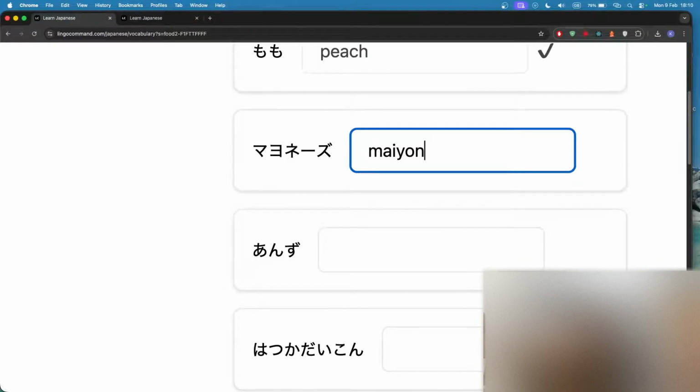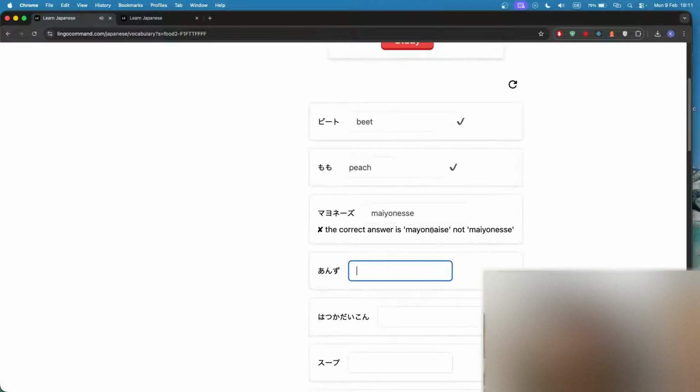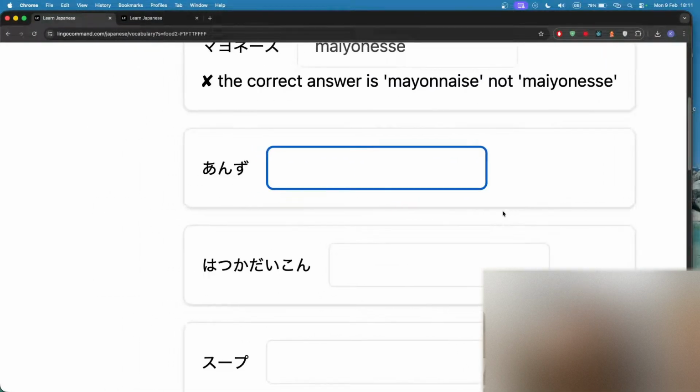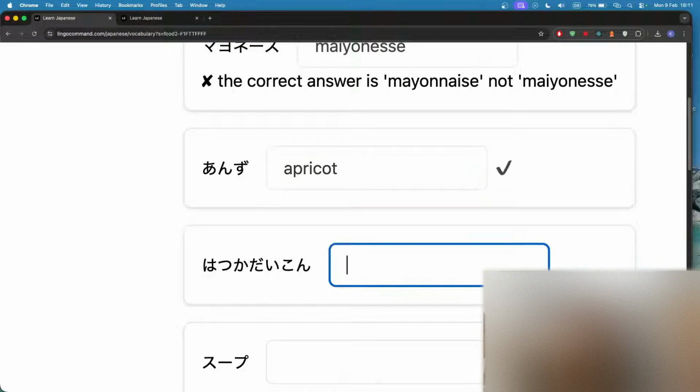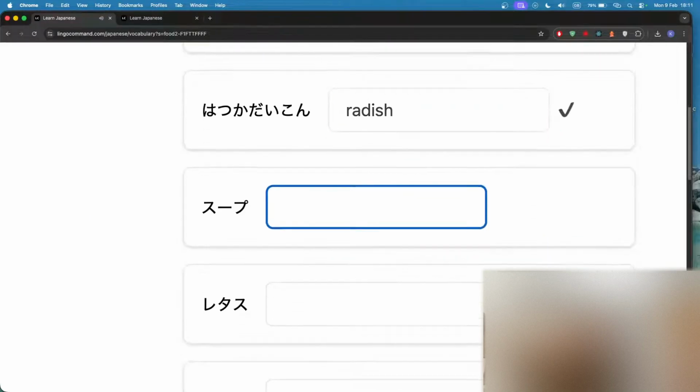The question is, how do you spell that in English? Mayonnaise? Mayonnaise. Okay. Gotta improve my English here. Anzu is apricot. Hatsuka daikon is a radish.